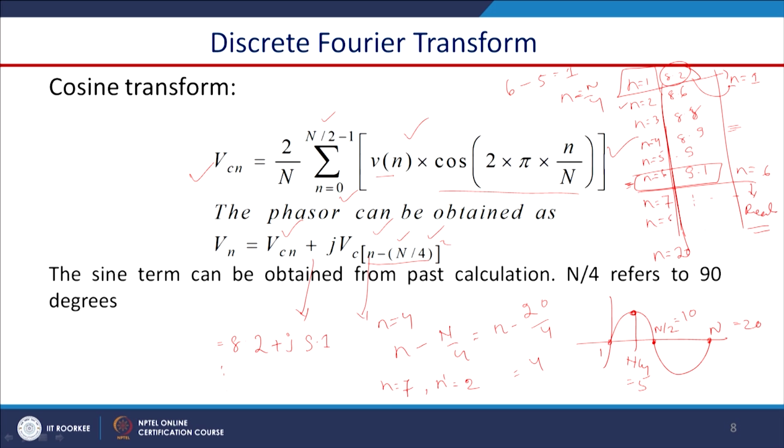If it is 8, the imaginary part will be 3, and if it is 9, then it will be 4, and so on. So, if I know a string of data, it is not necessary to calculate the sine part separately. From the cosine part, from the same samples, we can always calculate the real part as well as the imaginary part to find the magnitude and phase angle of the signal.